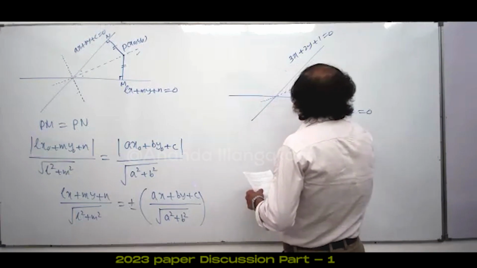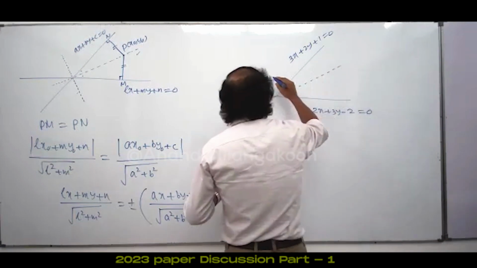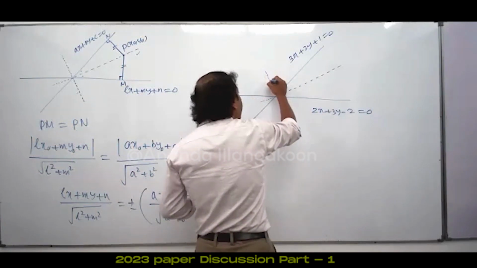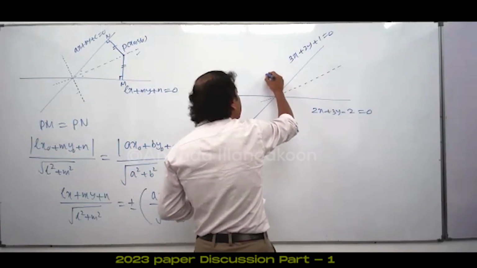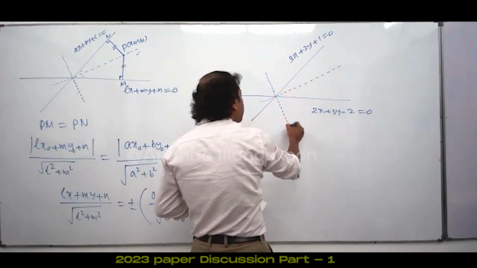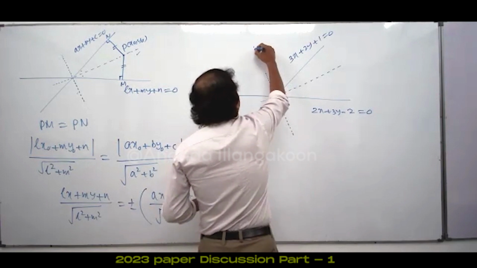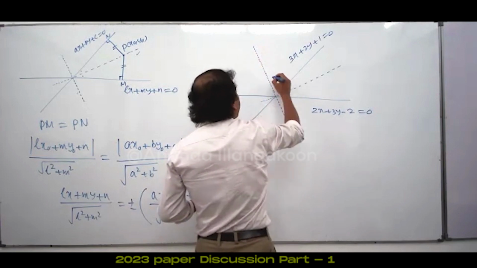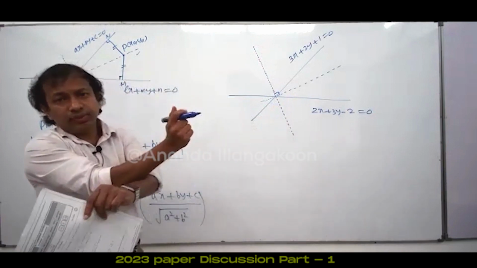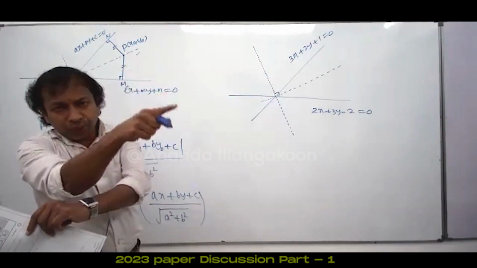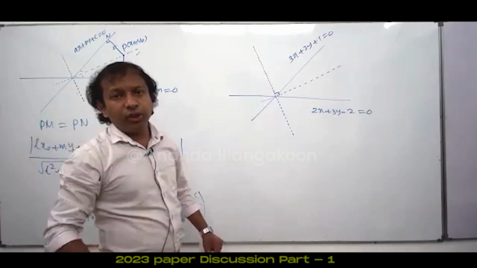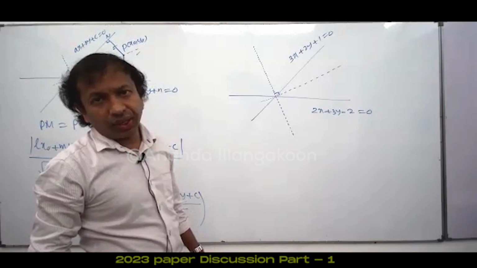The other bisector is this. People, when we consider the two bisectors between two lines like this, those two bisectors become perpendicular to each other. This angle is 90. Okay, take any two lines and draw their angle bisectors. The angle between those two angle bisectors is always 90.